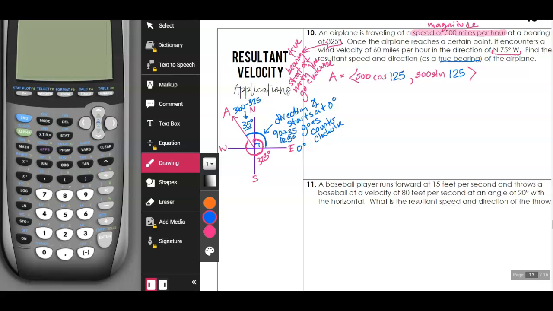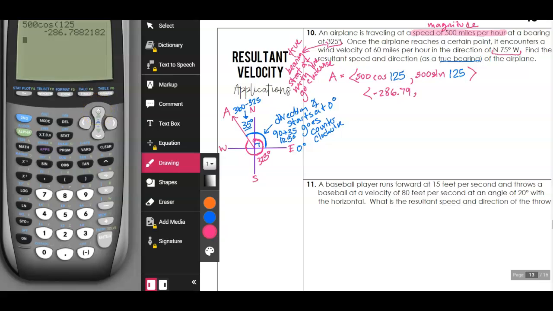Okay, so now we can go ahead and finish finding the component form. We just take out our calculator, make sure our calculator is in degree mode, which mine is, and then we go 500 cosine 125, and we get negative 286.79.